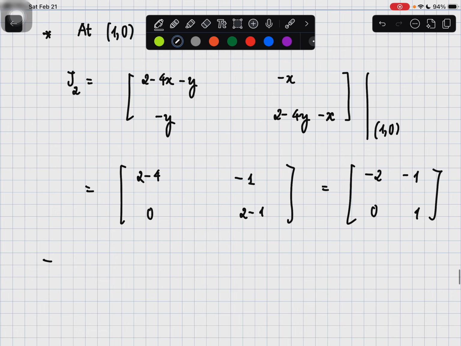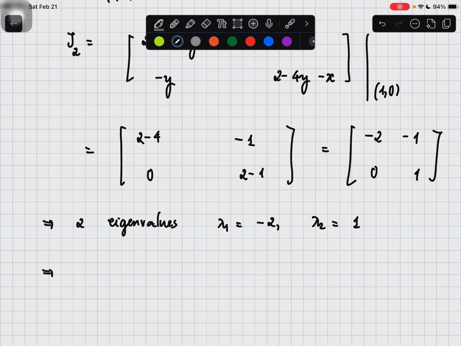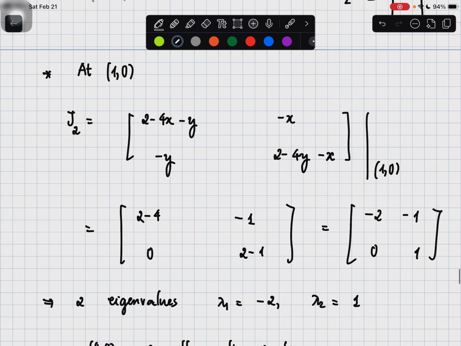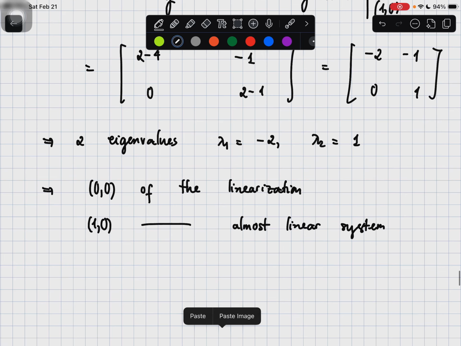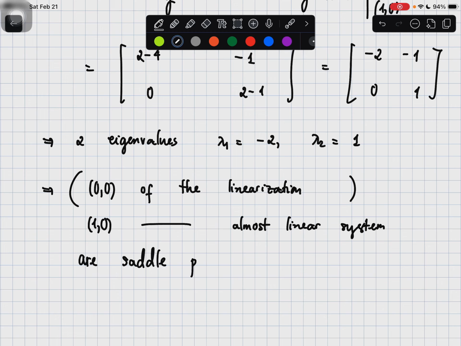We have two eigenvalues, lambda 1 equal to negative 2 and lambda 2 equal to 1. Again you have a saddle point at (0, 0) of the linear system and (1, 0) of the almost linear system. This one and this one are saddle points, and they are unstable.